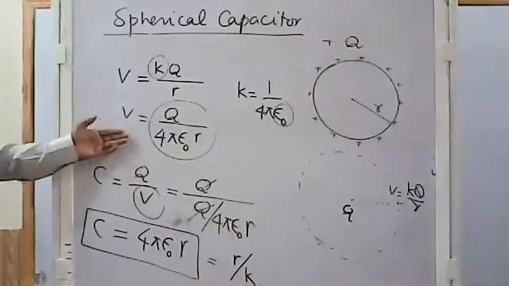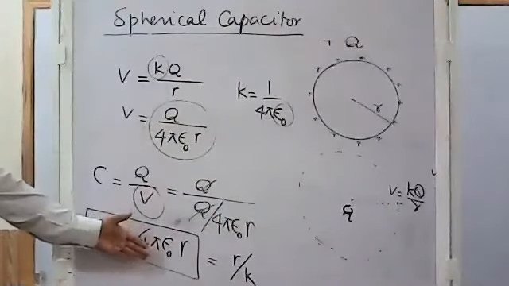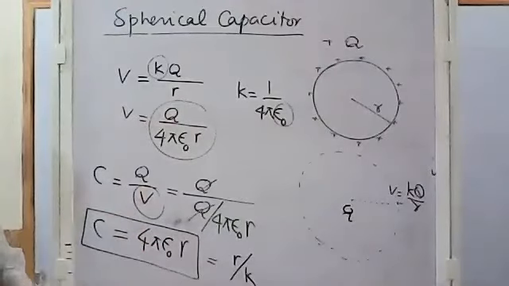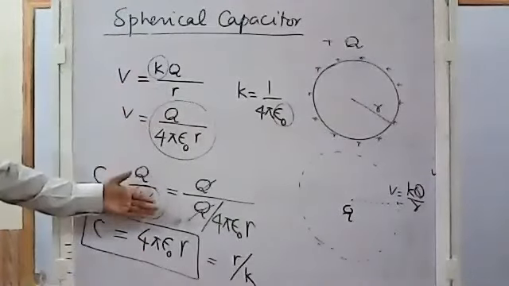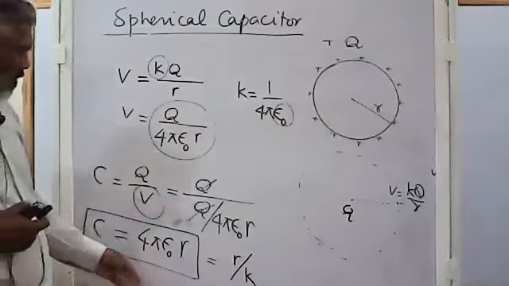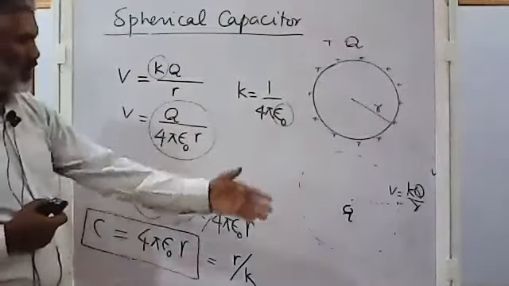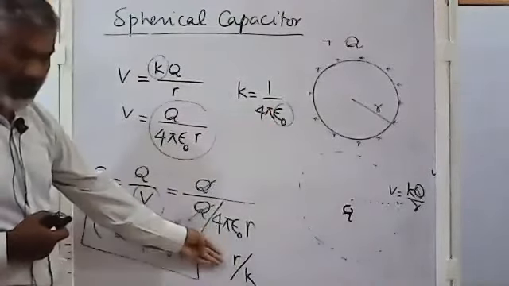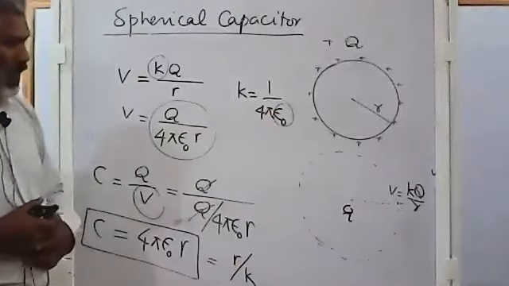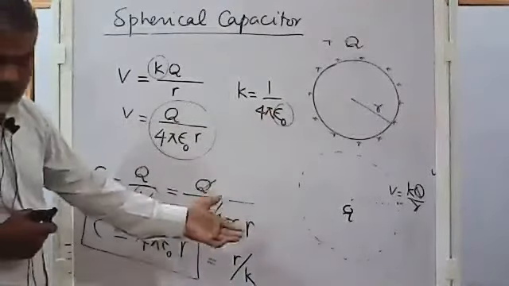You are required to derive this expression, and there are various questions in the exam. After you have derived this, they might ask you to calculate the capacitance for a certain solid sphere with this radius, and then you are required to calculate how much charge it stores.